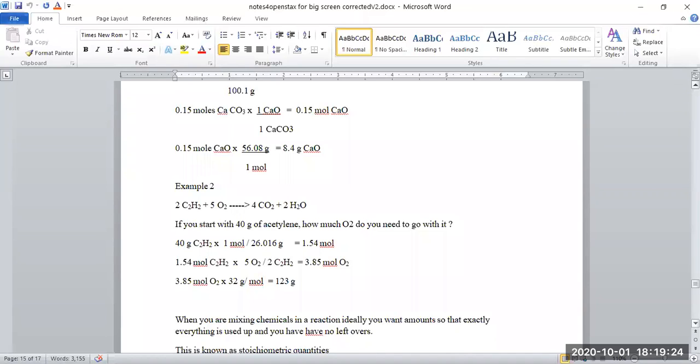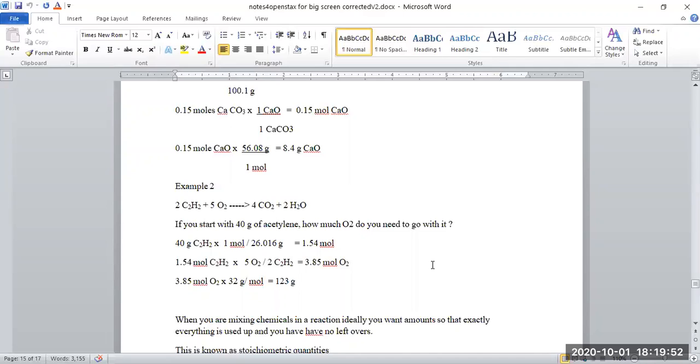This time I want to know how many grams of oxygen I'm dealing with. So in this case, I'm going to start with my 40 grams. C2H2 has a weight of 26. So do your division step. I get 1.54 moles. Now I have a not 1-to-1 ratio.